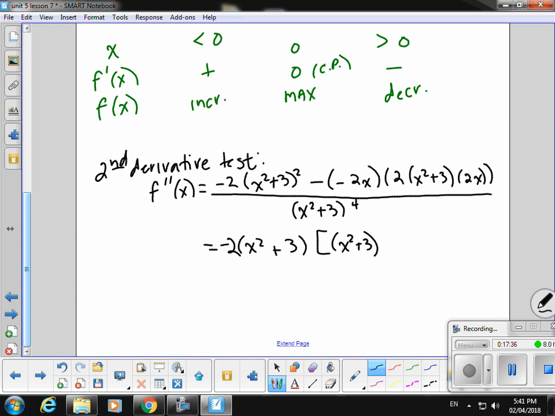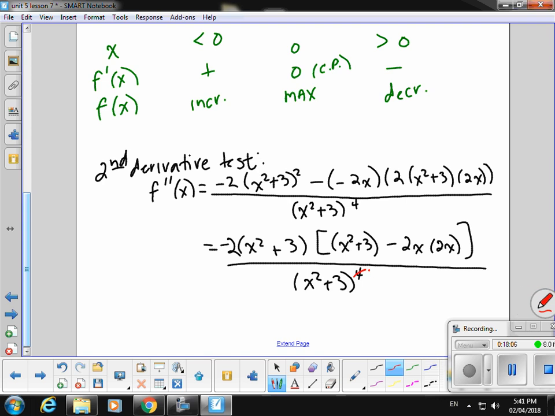For the second term, I have another negative 2 and an x. Okay, so this one, done, and another 2x, all over x squared plus 3 to the 4.